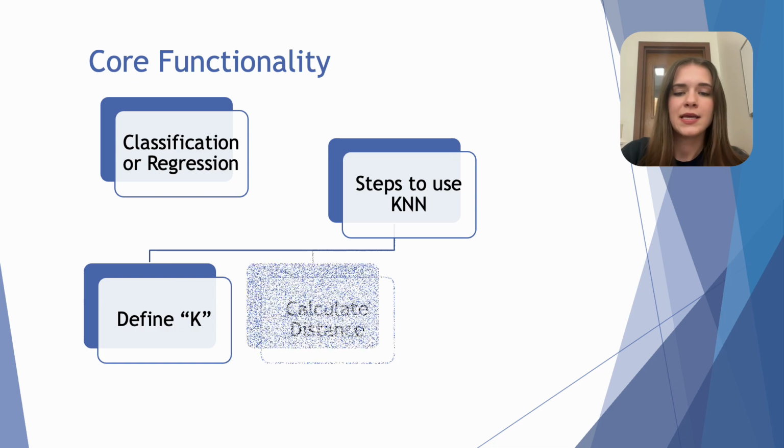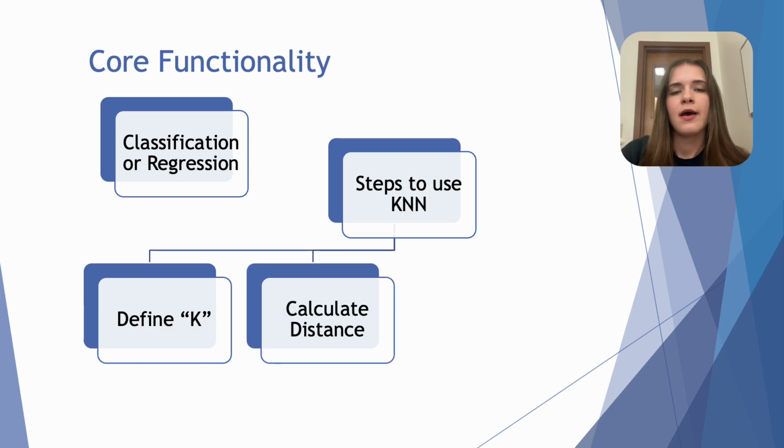The second step is to calculate the distance. You measure the distance between the new data point and all the points in the data set to find your K, 3, 5, whatever, closest neighbors. I won't get too detailed, but usually the distance is measured in a metric called Euclidean distance, which is one of the most common ways to measure a straight line distance between 2 points in a 2D or 3D space.